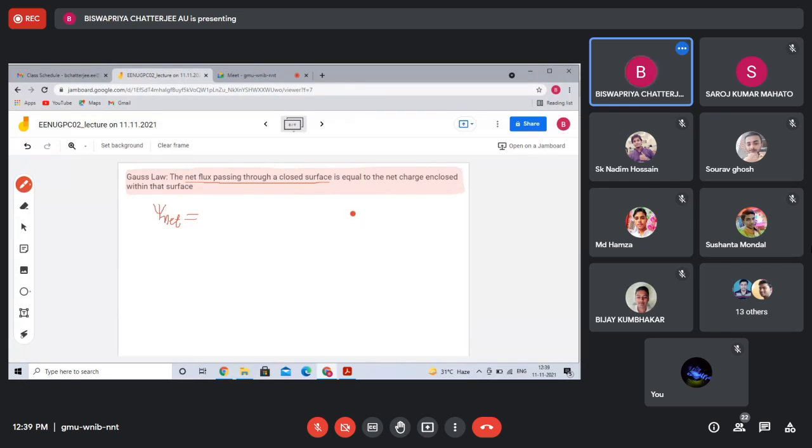The second part says the net charge enclosed, which is symbolized as Q enc. So the statement of Gauss law is psi net is equal to Q enc, net for net flux and enc for enclosed. This is the mathematical statement.